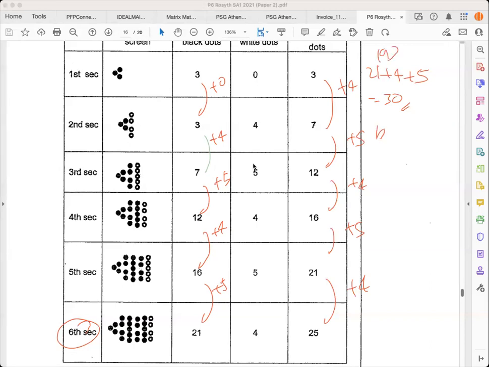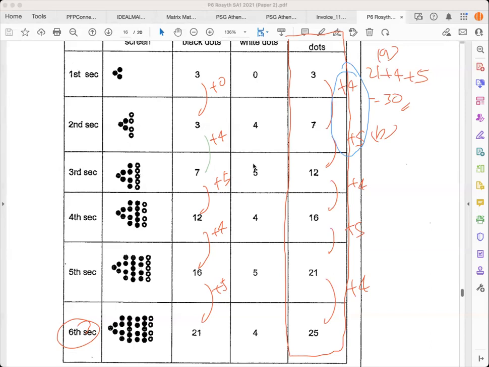Let's look at part B. Part B is, what is the total number of black and white dots at the 30th second? So we are looking at the third column here, the total of black and white. From this you can see that the total dots are added in groups of 4 plus 5.